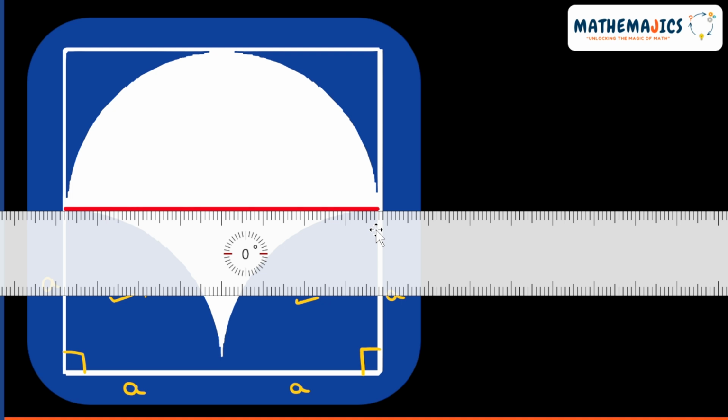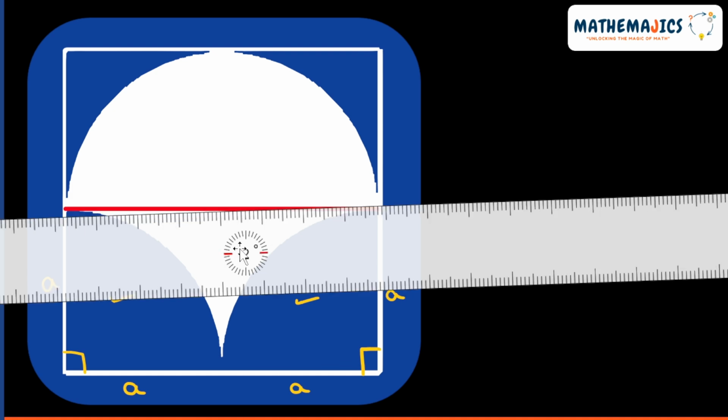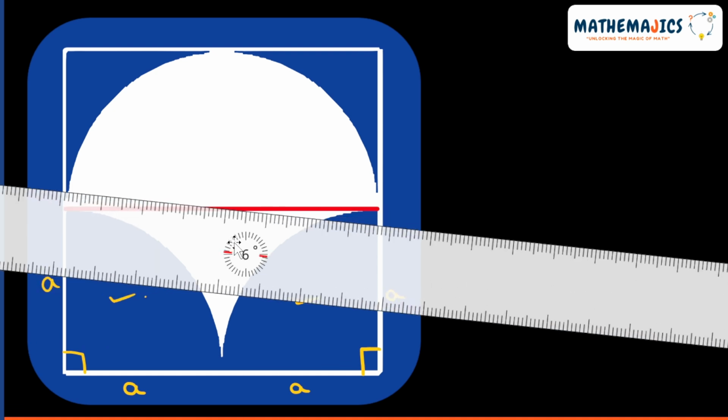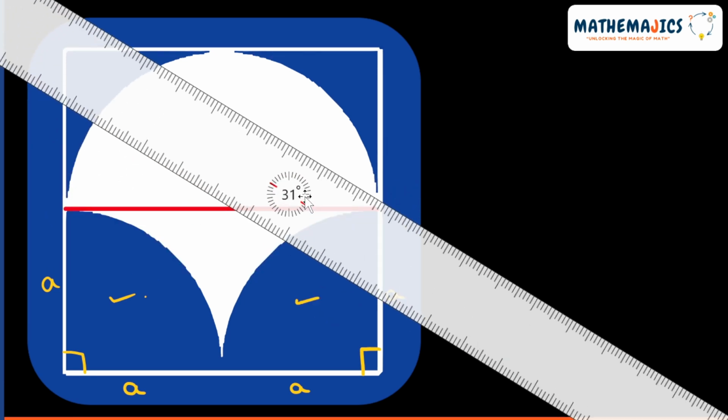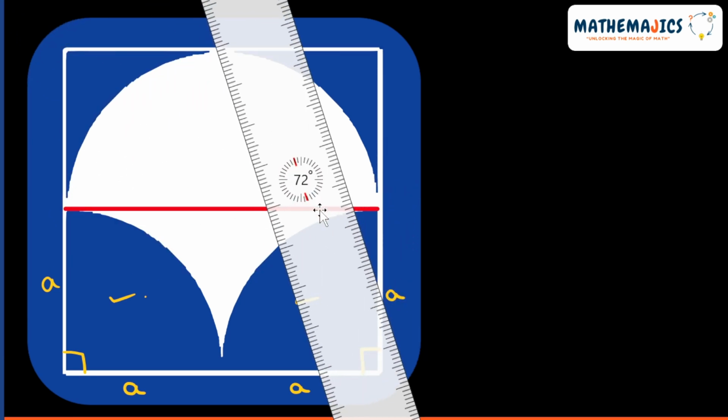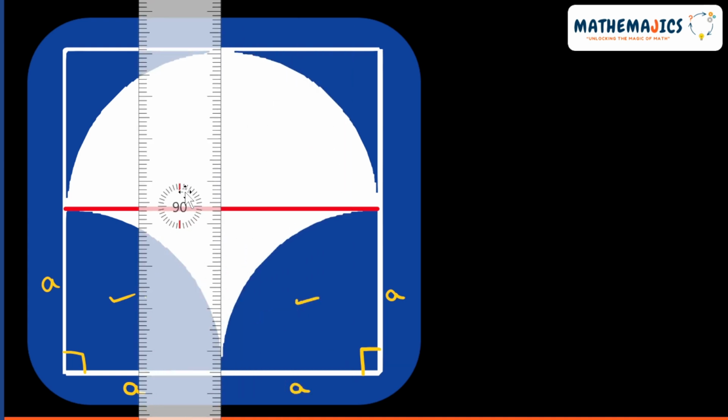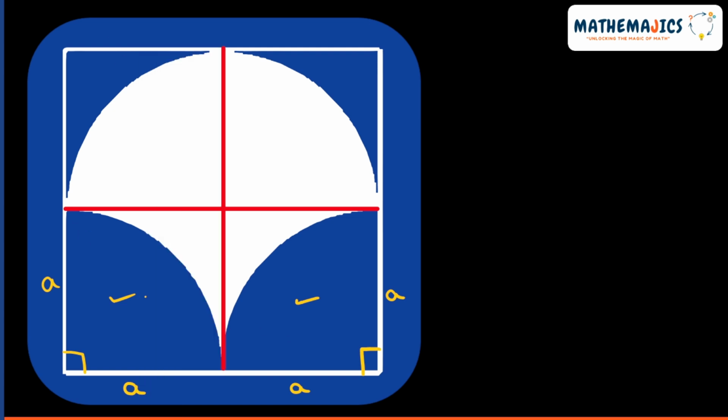So I divided the square in two halves, okay, horizontally. Now I will be dividing this square into two halves again, but this time vertically. So like this, we will be dividing it into two halves again. Now what all things we have got, let's see.